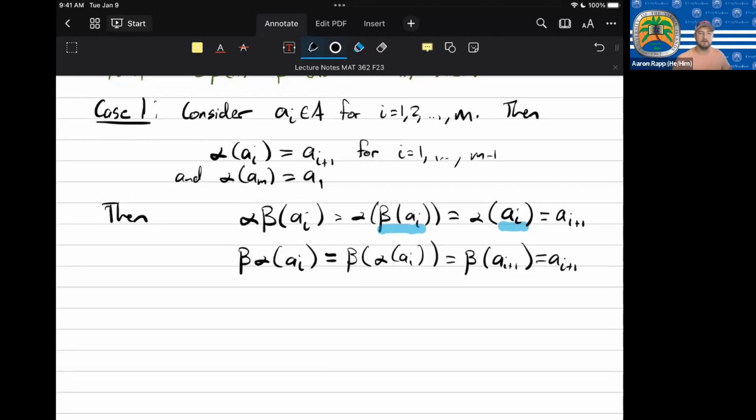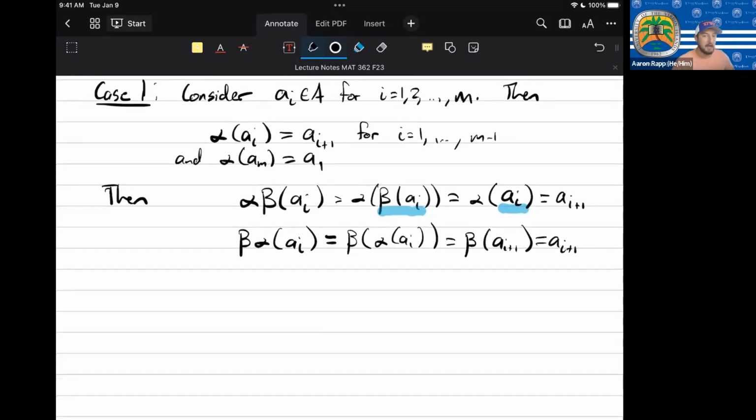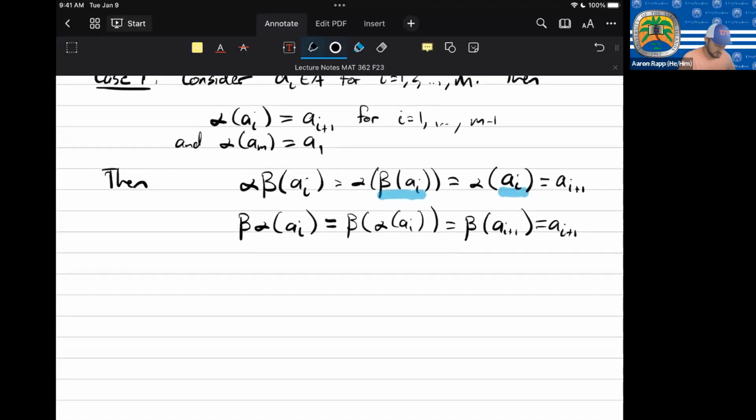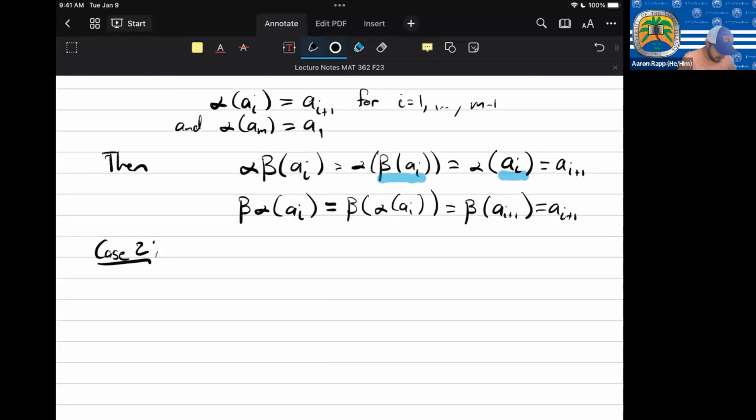Well, hey, look here. In general, I choose any of those a's, and I know the output is going to be the same for either of these two function compositions, whether I look at alpha beta or beta alpha. So definitely don't have enough time to finish up this proof, but we can at least outline the next two cases.